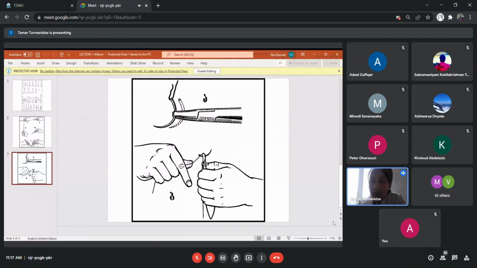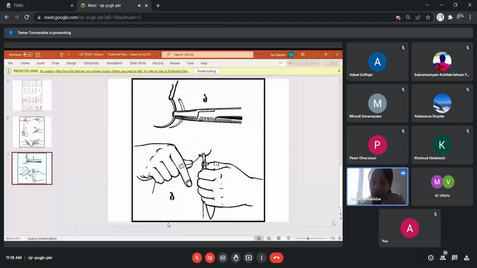Before starting suturing, on one side must be located one-third of the thread and on the other side two-thirds of the thread. You will practice this in classes.